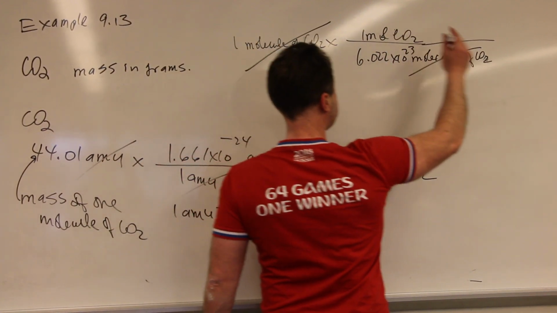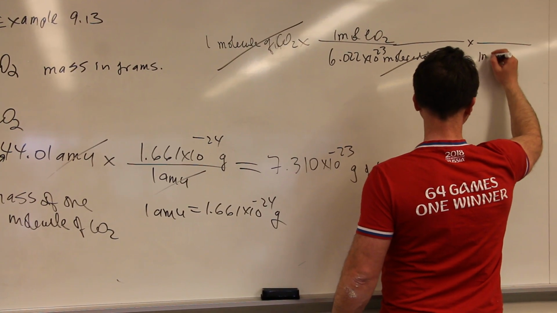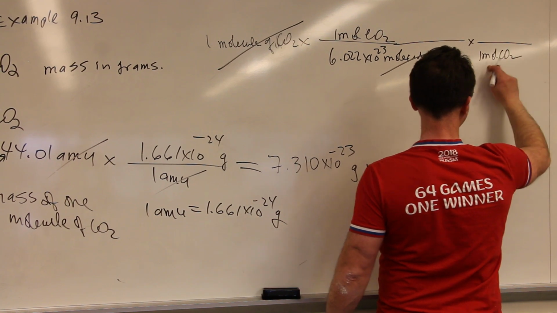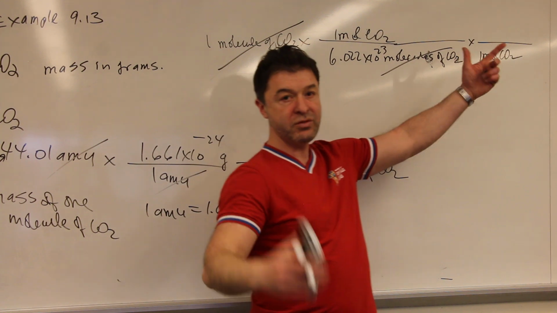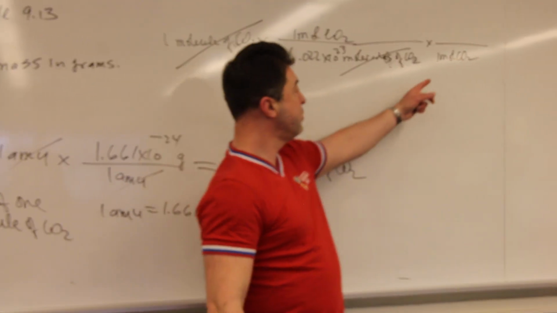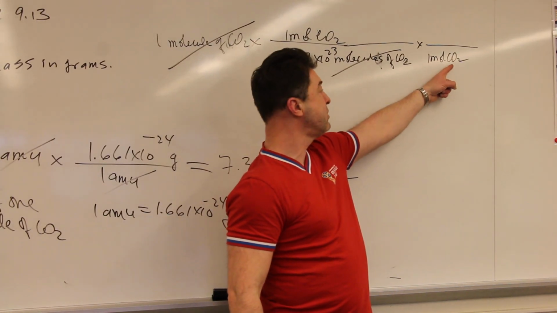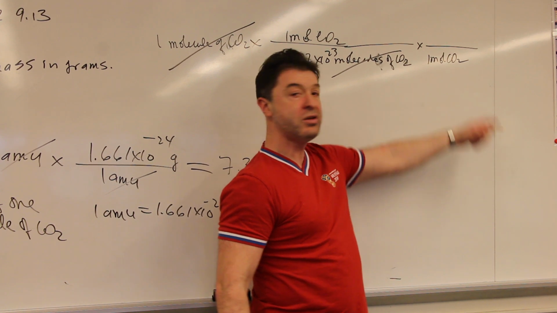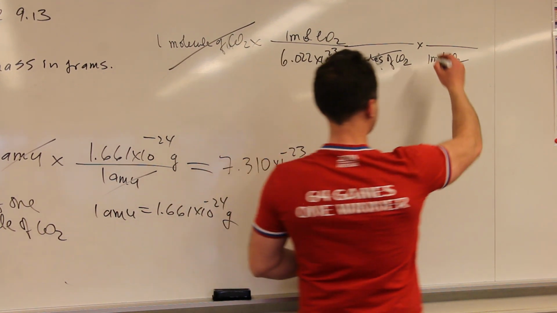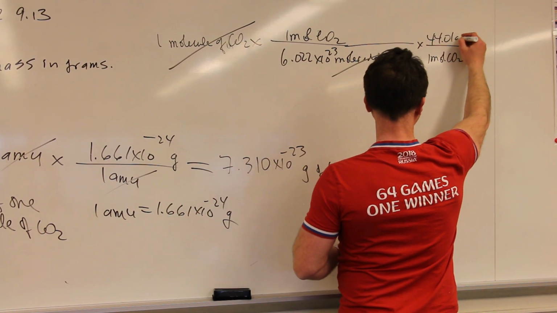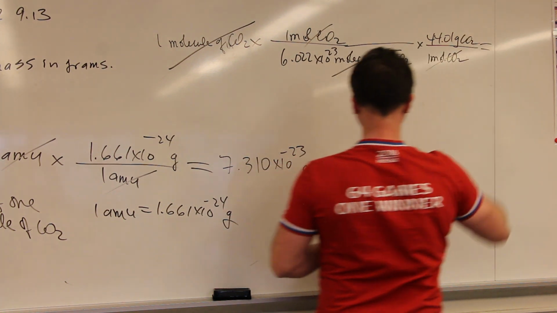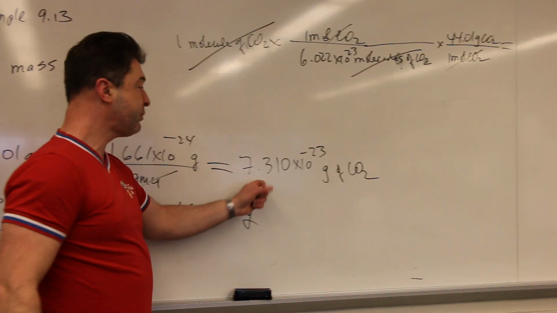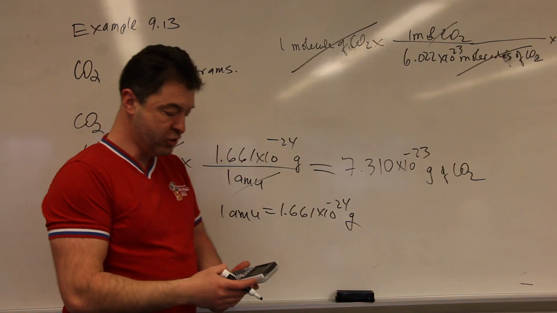Now I can use the molar mass of CO2, 1 mole of CO2, and from the previous videos, guys, you know how to find the molar mass of CO2. You look at the periodic table, you take 12.01 grams plus 32.00 grams, you add them up, and you wind up with 44.01 grams of CO2, canceled, and you should get the same answer here as here. So let's check.